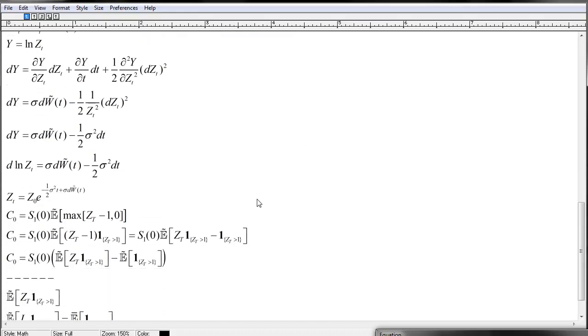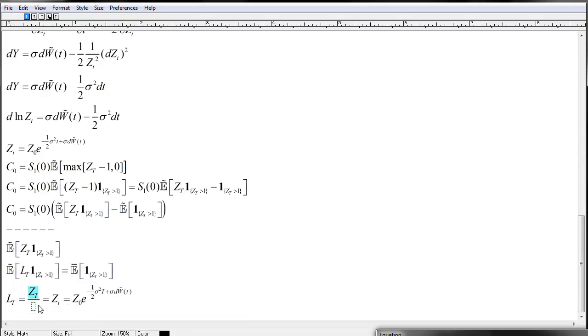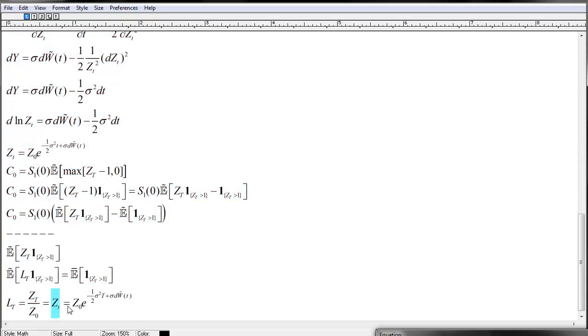Here I have basically the same representation, but the problem is this constant. So instead of z of t, I introduce z of t with respect to z0, and this will give me the following thing.